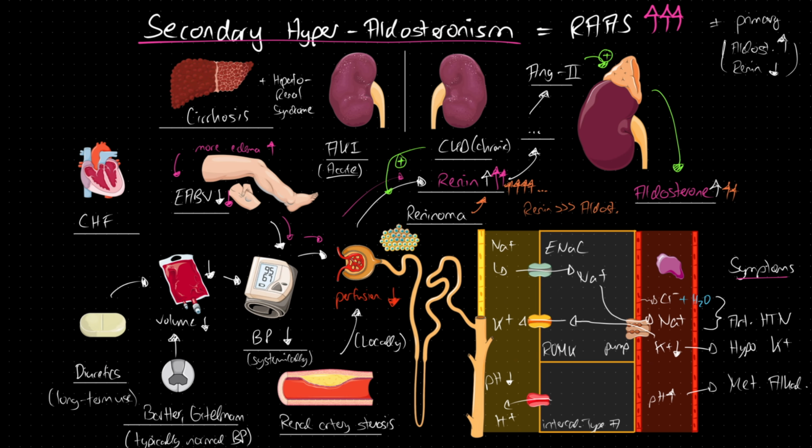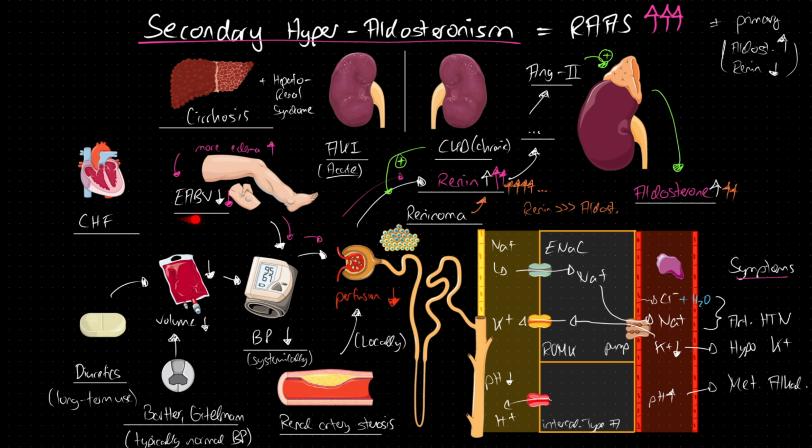conditions with tubular volume loss like Bartter and Gitelman syndrome. Third, renal artery stenosis causes secondary hyperaldosteronism through reduced kidney perfusion distal to the stenosis. This can occur in elderly people from atherosclerosis or in young patients due to fibromuscular dysplasia.